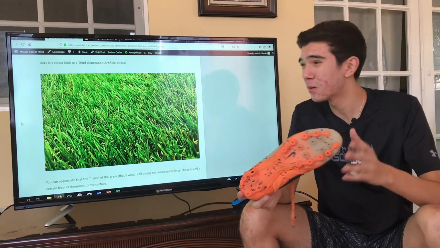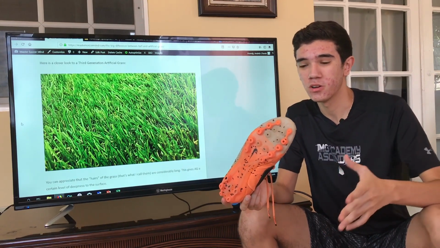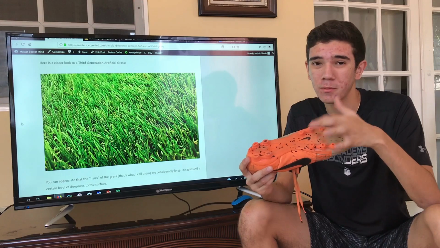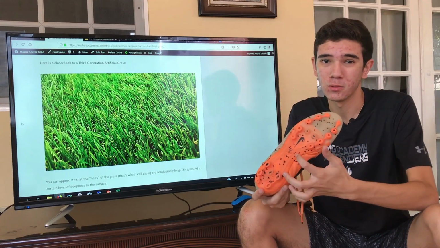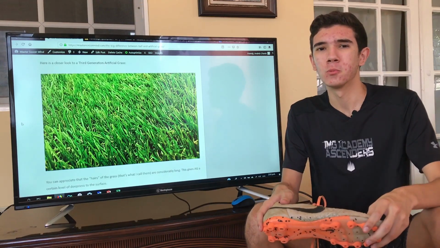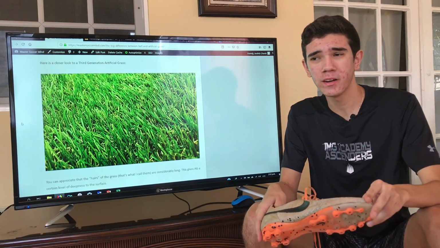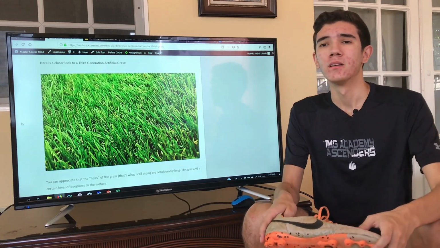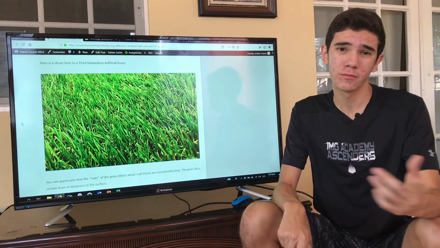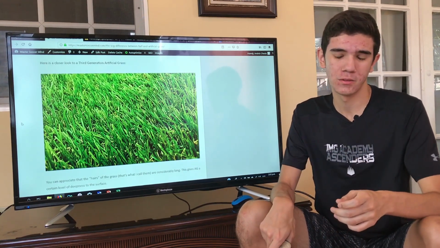So if you're going to be playing on professional 3rd generation artificial grass, the best type of soccer cleat that you can buy is this one. I even remember one time when Real Madrid went to play against a 3rd division team in the Copa del Rey, I think it was Sariñena. They went to play at their field, which was an artificial grass field, something like this, but I think even worse.